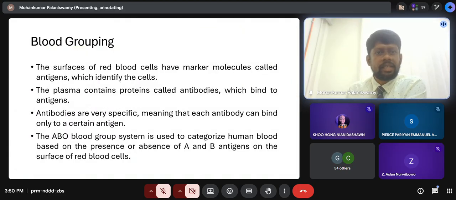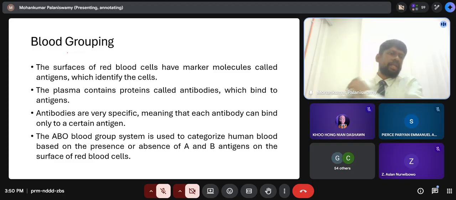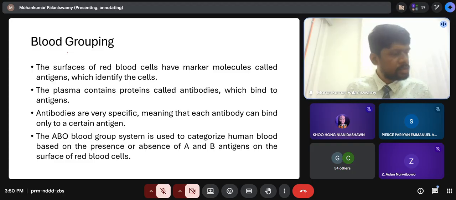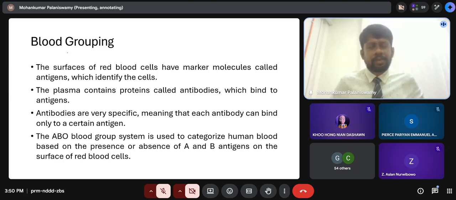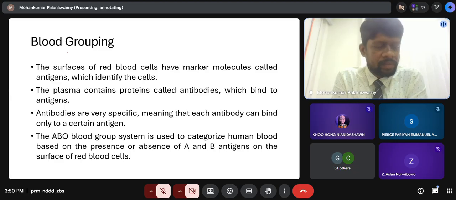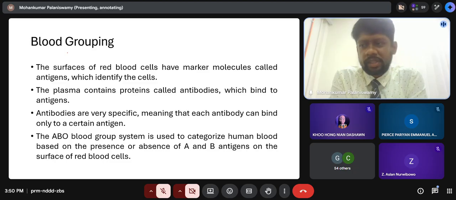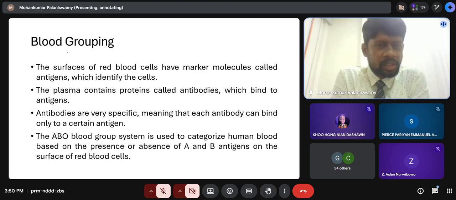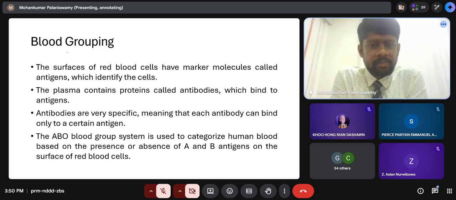Okay, next, I think this is the last topic for today's lecture. It is about 23:50. So, blood grouping. I hope you all are aware of different types of blood groups. Can anyone mention those groups? Do you know our blood can be categorized into different groups?